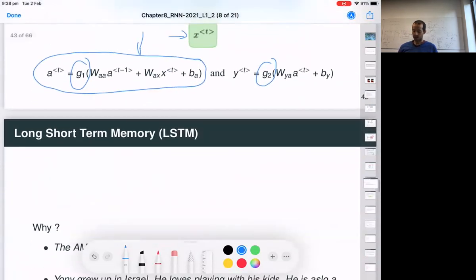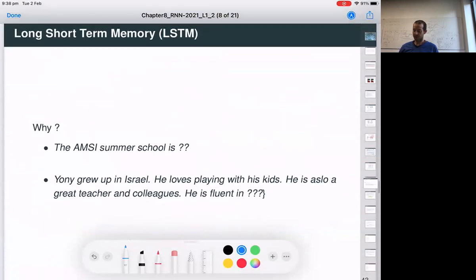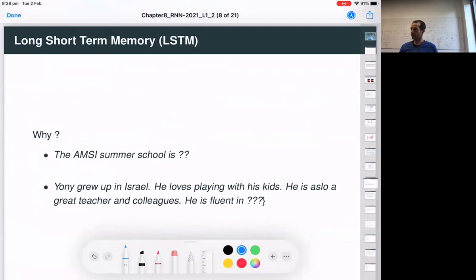So the idea of the long short-term memory is why we need to improve. The RNN will be good if you have a short sentence like this: "This summer school is". We can predict what will happen after. Can you propose something for "this summer school is"? Okay, time consuming, very good.